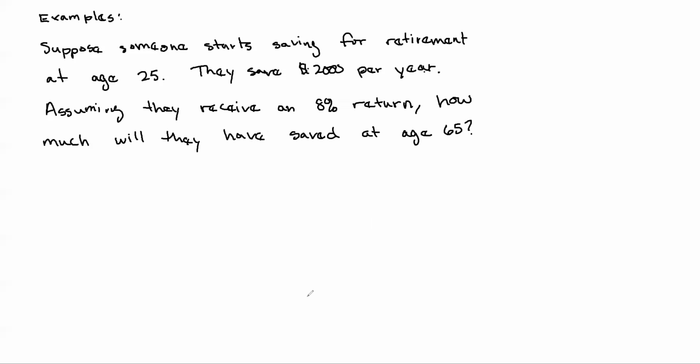Okay, so we have our model. So S of t equals S naught e to the rt plus k over r times e to the rt minus 1. And now we can just take all of this information and plug it into the model.